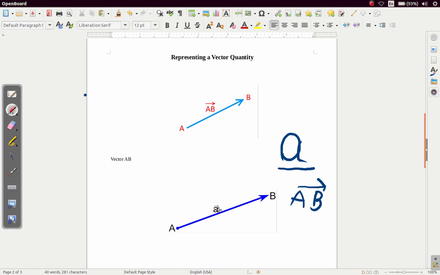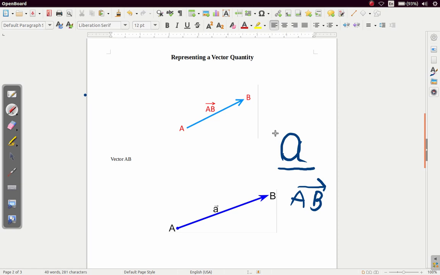Right? If you use two letters, the convention is to draw the arrow at the top, as in this case, or to write A as being bold, or to draw the line below A. Those are conventional practice. So you represent the vector this way.